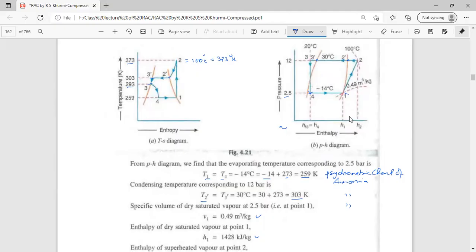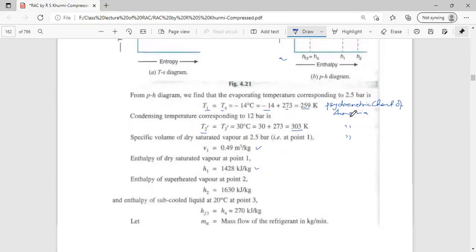Now at the point 1 itself, this is available here from the system. The same is the case with this, it is also from the chart, or otherwise it will be given. And the enthalpy of the superheated vapor at point 2, where the temperature is known, is 1630, also from the chart itself.